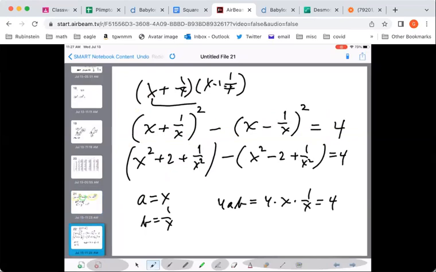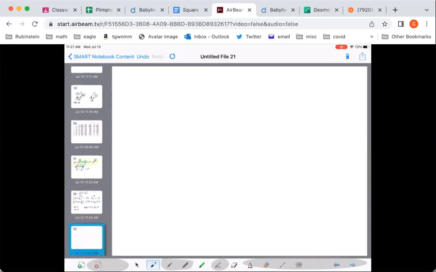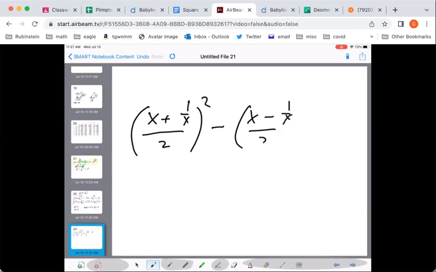Now, if I divide everything by 4, I end up with a different identity that's going to be useful to us. And here it is. (x plus 1 over x) over 2, squared, minus (x minus 1 over x) over 2, squared, just equals 1.